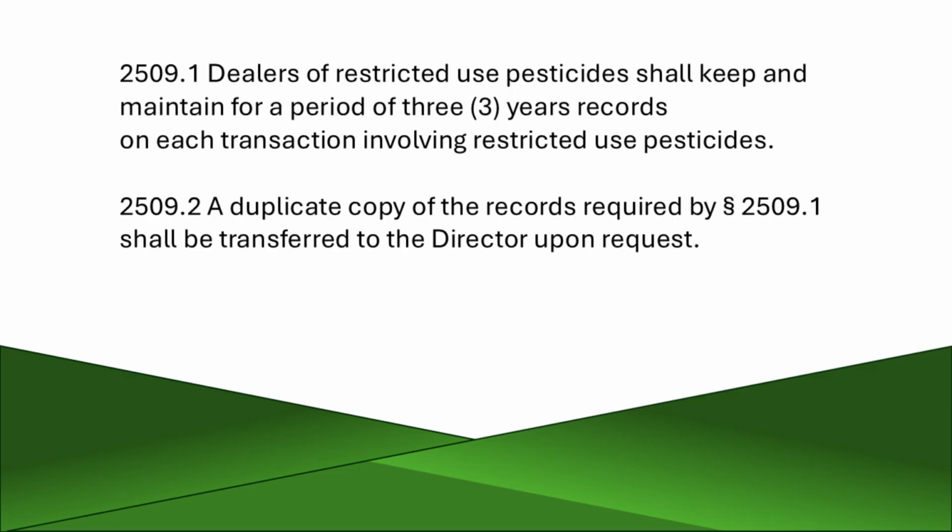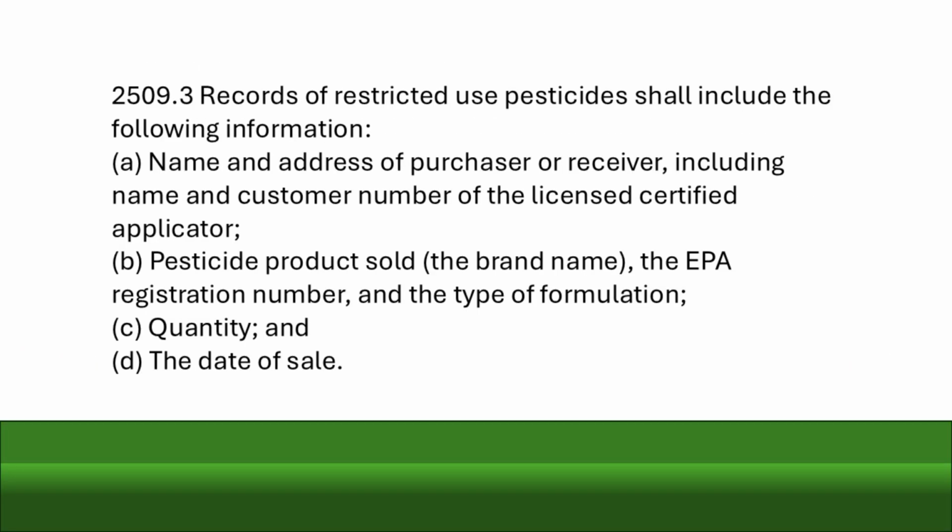2509.2. A duplicate copy of the records required by 2509.1 shall be transferred to the director upon request. 2509.3. Records of restricted use pesticides shall include the following information. A. Name and address of purchaser or receiver, including name and customer number of the licensed certified applicator.